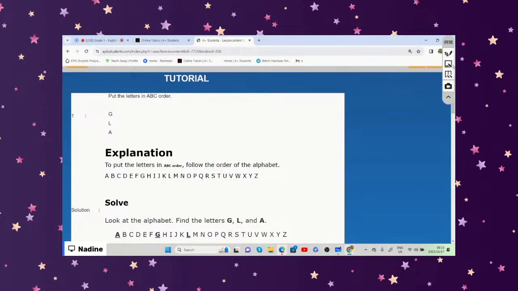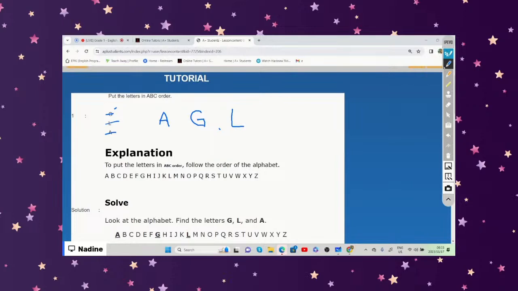If we start by putting our specific letters in order, then we start with A. A, and then G, and then L, right?